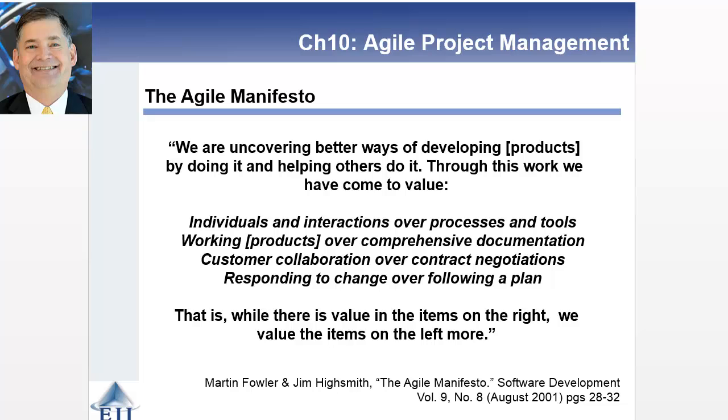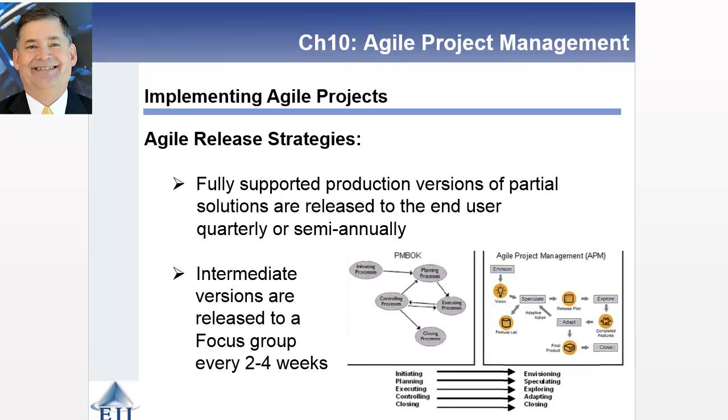So there were folks doing it before the manifesto came out, but the manifesto captured that new philosophy. And as you're looking at releases here, you're talking about releasing changes and updates every 2 to 4 weeks, and then potentially fully supported versions every quarter or semi-annually.